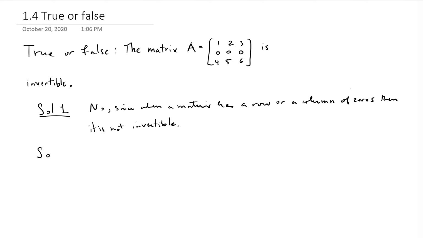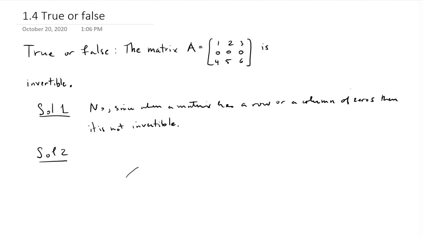What I actually want to show you in this video is maybe a second solution, less obvious but quite nice, because it relies on geometry, and without any surprise, it relies on linear transformations. So we're going to look at matrix A as the standard matrix of a linear transformation, and we're going to see why we can't invert that linear transformation.